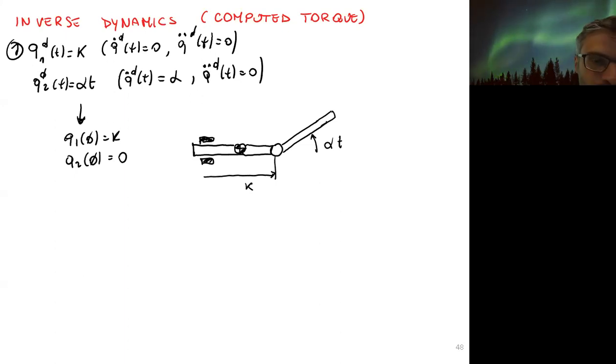Then what is the torque that we need to apply to the joints, or the force, to realize this motion?